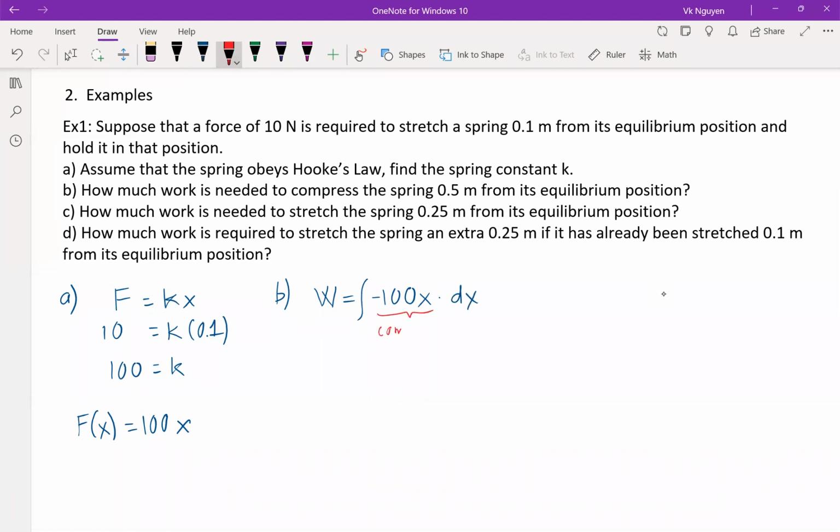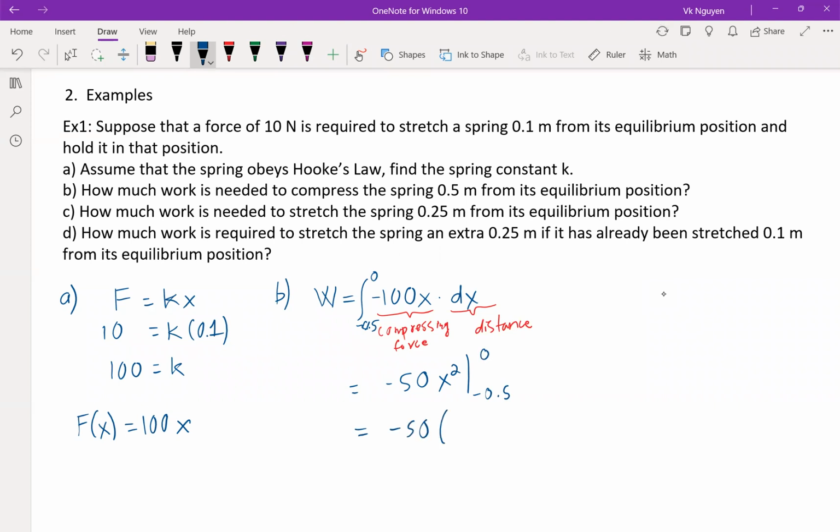The integral will be, compressing, so x goes from negative 0.5 to 0. Now we can find the antiderivative, which is negative 50x squared, evaluated from negative 0.5 to 0.